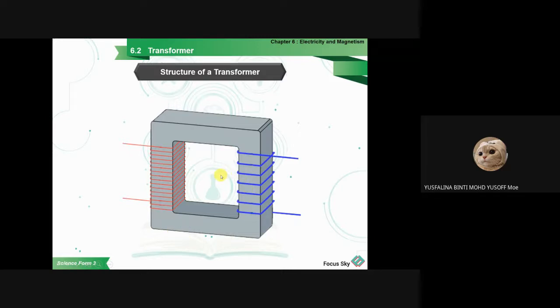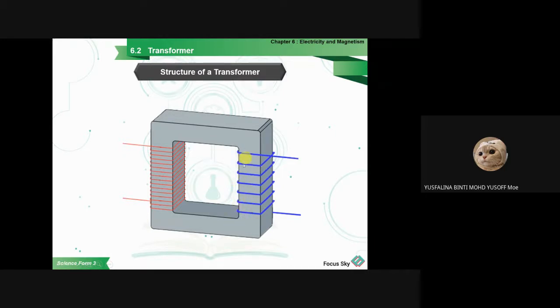So the varying magnetic fields will be transferred through the soft iron core and go to the secondary coil.